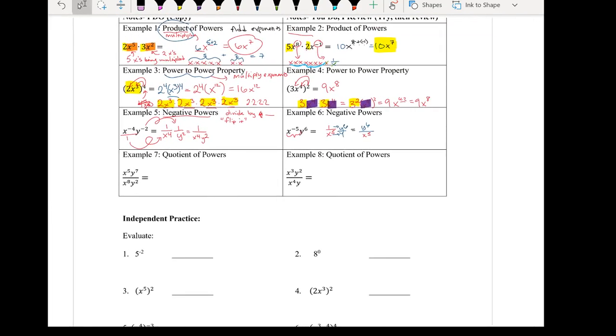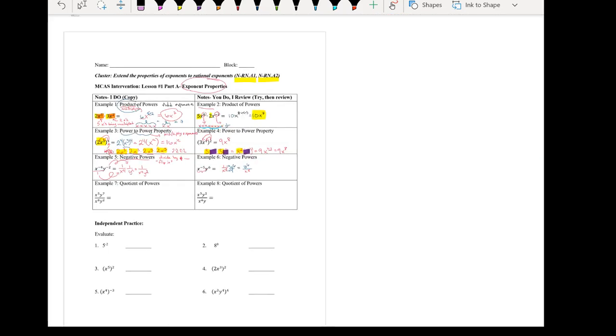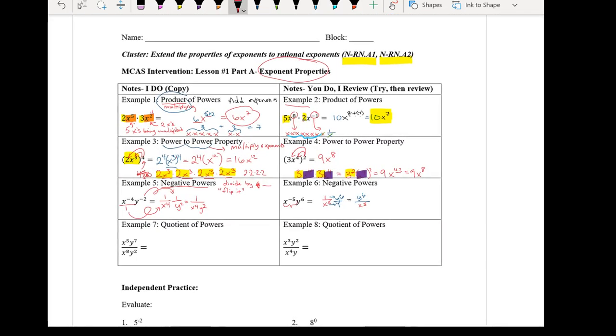All right, quotient of powers, last one. So we've talked about so far when we multiply things with exponents, that meant we add exponents.